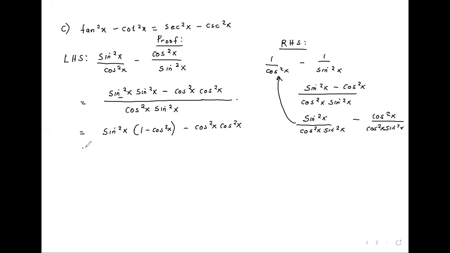So get back to the denominator. I mean, yeah, let's just deal with the numerator. So if we expand, we have this minus sine squared x cos squared x.